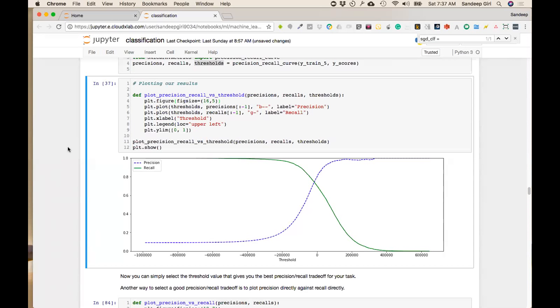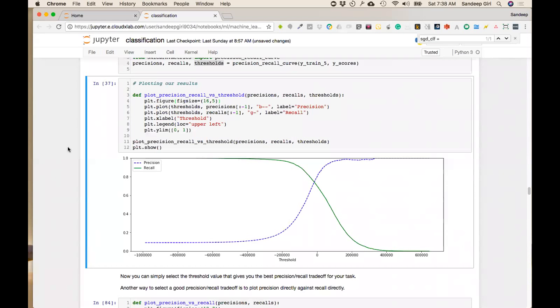At every point, we compare the scores, and based on the comparison, we count how many were classified as 5.